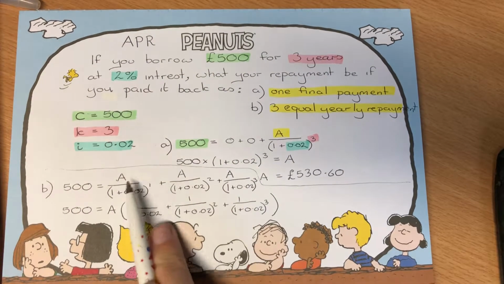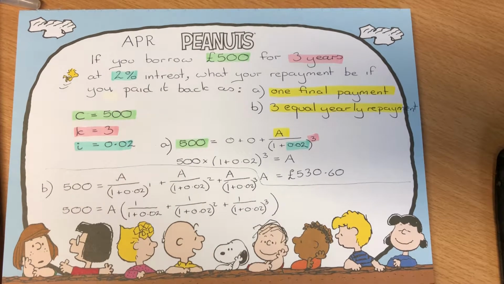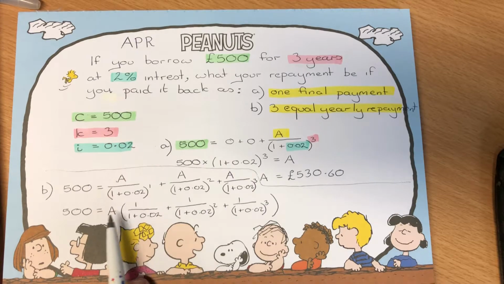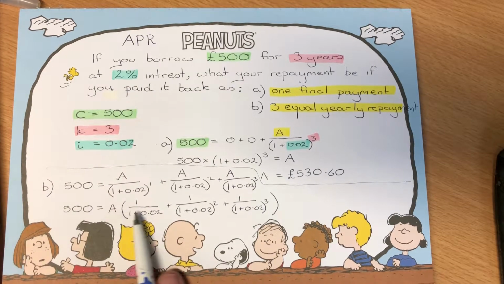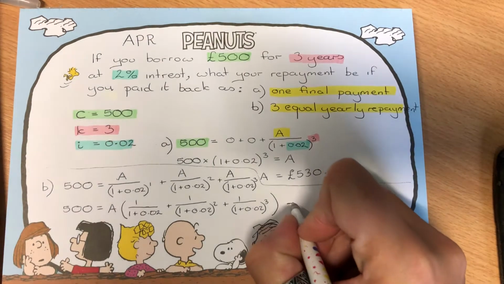So what we've effectively done is we've taken the A from there and grouped it at the front. So to find out what A is, we've got to divide 500 by this.